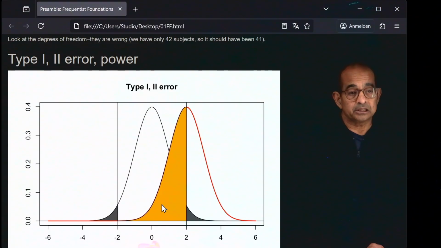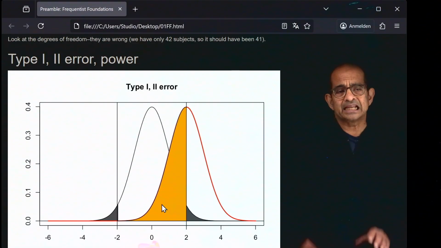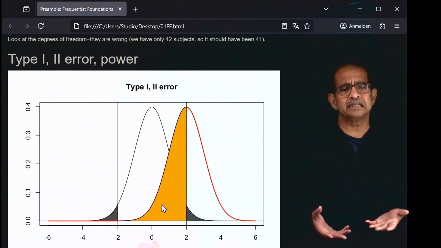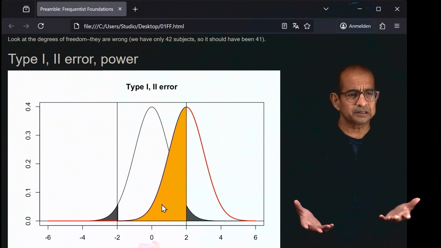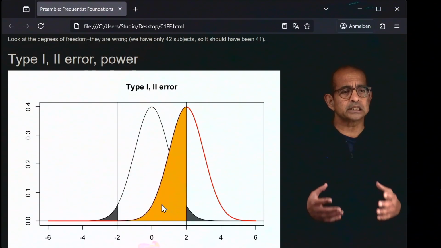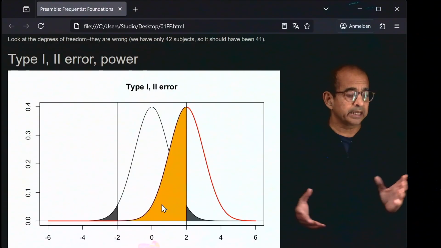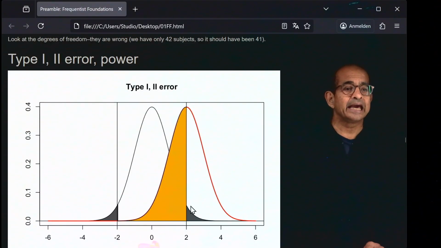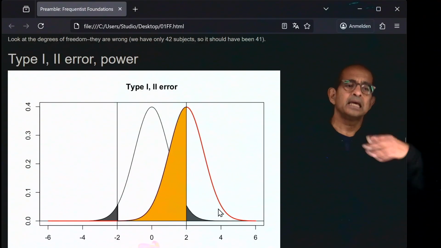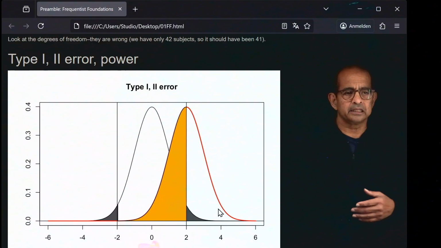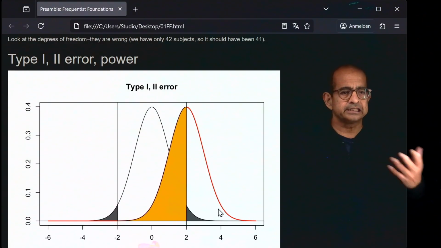There are some very bad consequences to running an experiment with low power. In fact, the frequentist paradigm was not really designed for running low power experiments. The frequentist paradigm works really well when you have a high power setting. It doesn't work so well when you have a low power setting, and it can lead to invalid inferences, as we see unfolding in many different fields: biomedical sciences, psychology and linguistics.